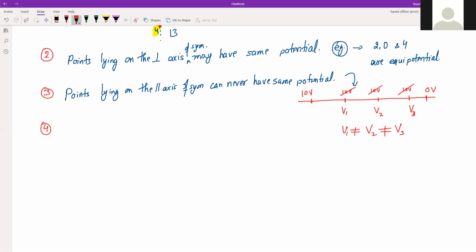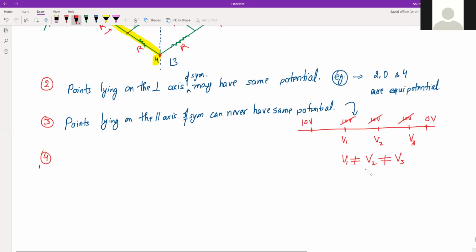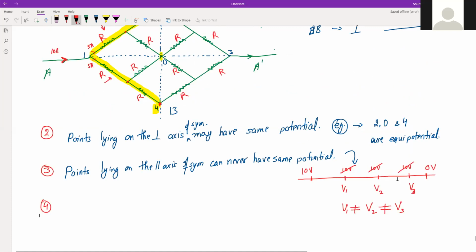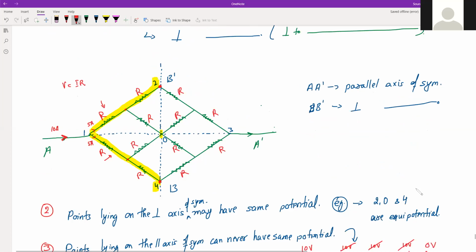So that is the next step. Once you have this parallel axis of symmetry, we can actually fold it along this parallel axis. Suppose it is written on a paper and I can fold it. So if I fold it, what will happen?